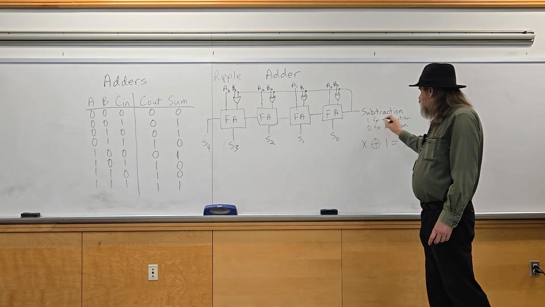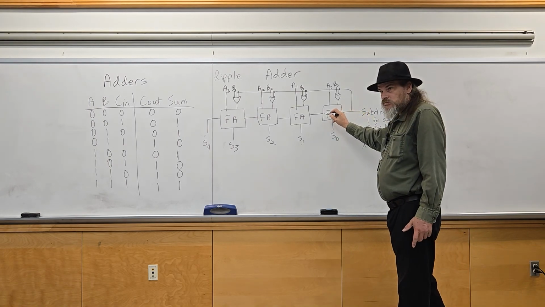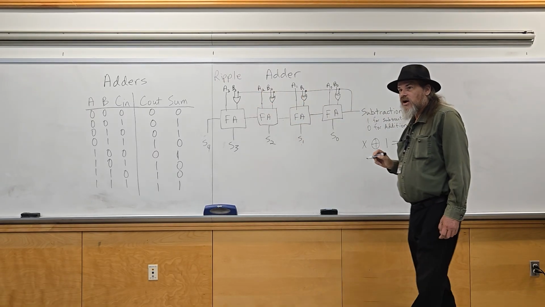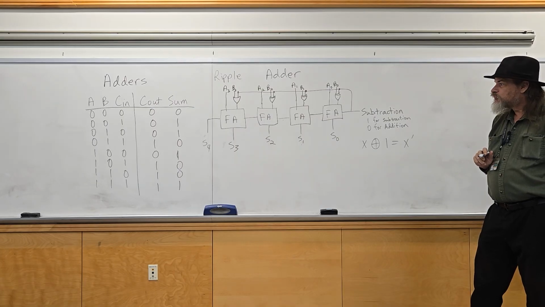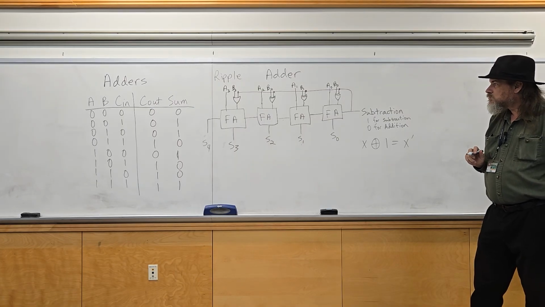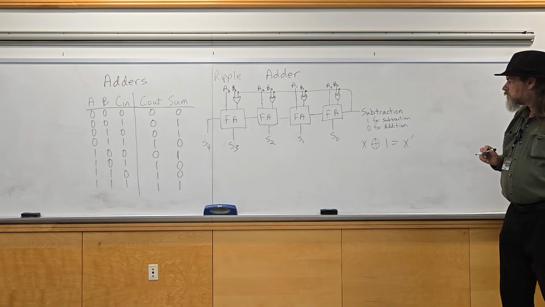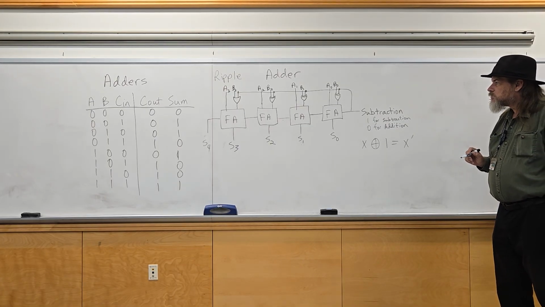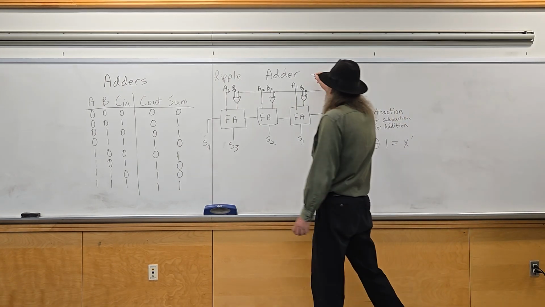If you have a 1 in the subtraction bit, it adds 1 and it inverts the number you're trying to subtract. So that makes an adder and adder-subtractor.